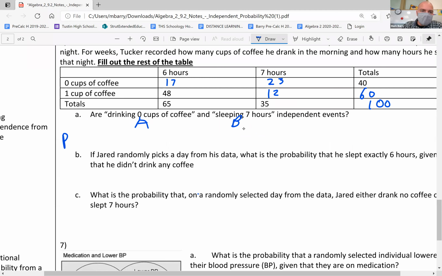So then the probability of A and B would be, out of everybody, how many people did we have that drank 0 cups of coffee and slept for 7 hours?